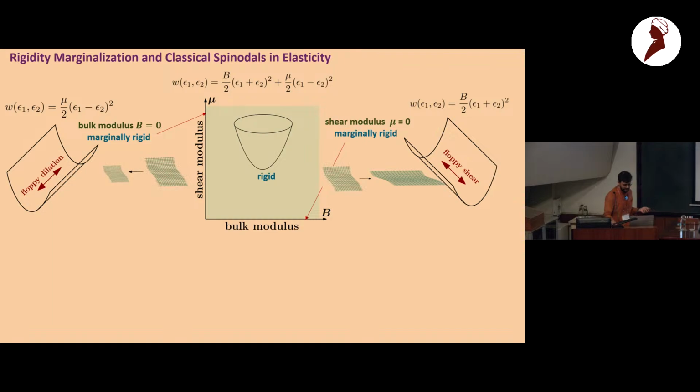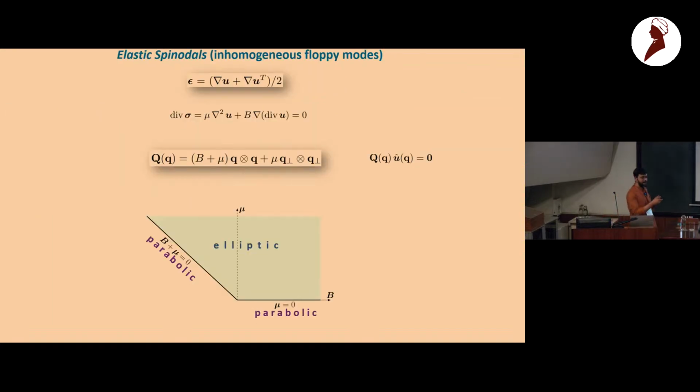But interestingly, in elasticity your primary variable is not strain, it's displacement. So my order parameter is a gradient of another variable. Because of this fact, in elasticity you get another notion of spinodal. It's not with respect to your primary variable, where you plot your energy, but with respect to another variable, displacement. So in elasticity you get some special spinodals which are not there in fluid-like systems.